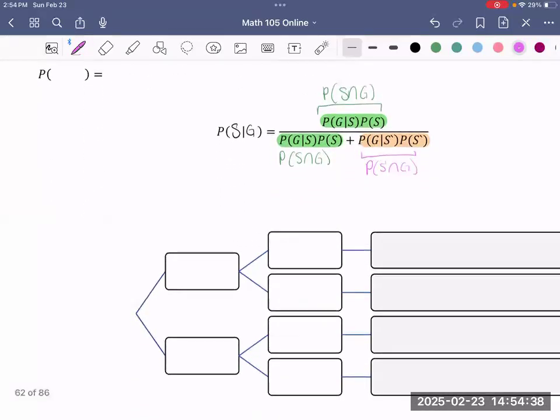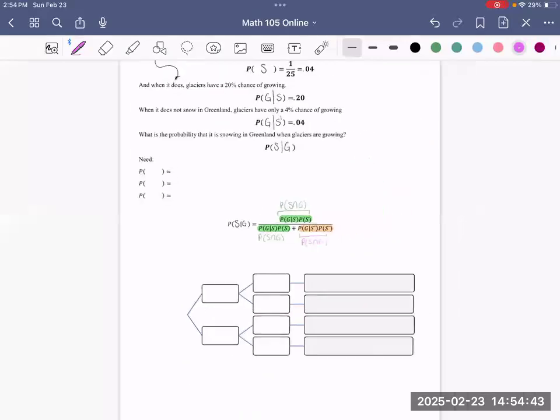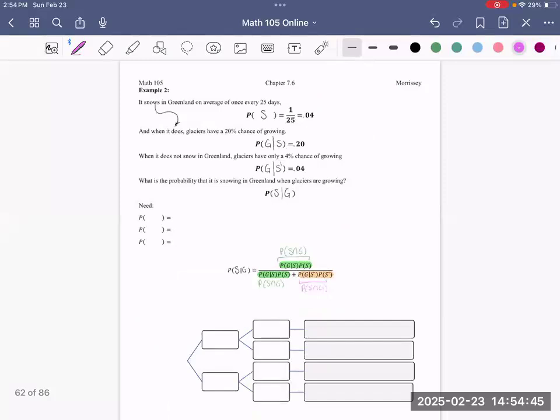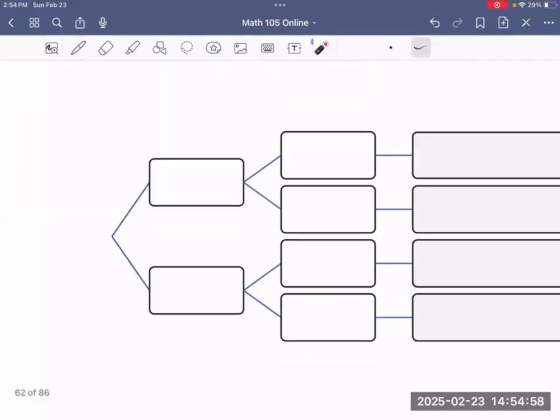So, can you build your decision tree? What is happening first? Well, in all of these, we're talking about perhaps it's snowing first. And then we'll retrace our steps, saying, okay, we know that the glaciers are growing right now, so what's the likelihood that it's going to snow? So that's what's happening for our final result. Otherwise, we know that it's snowing versus not snowing.